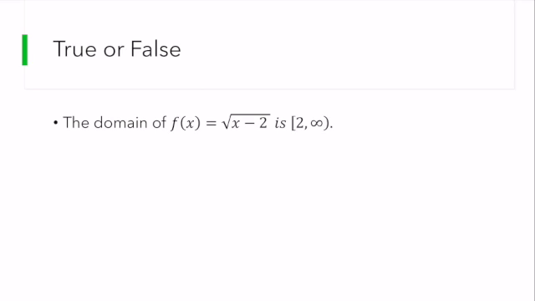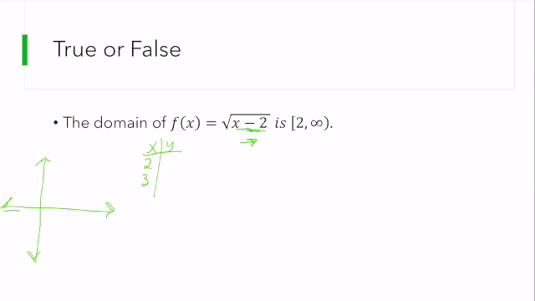The domain of the square root of x minus 2 is 2, comma, infinity. So we need to sketch it out. I'm trying to find a couple points on this, remember our graphing rules, we know this is going to be shifted to the right, but let's plug in a value so we can see that.